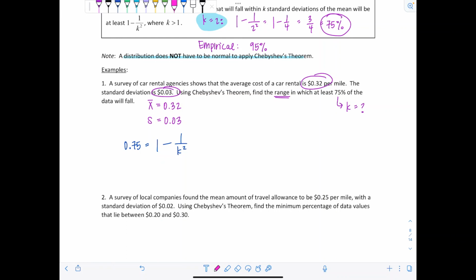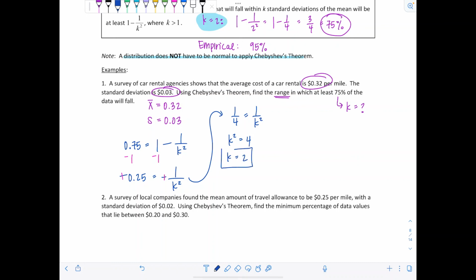So if I were to subtract 1, then I have negative 0.25 equals negative 1 over K squared. The negatives cancel out. 0.25 is 1/4, right? So 1/4 equals 1 over K squared. You can cross multiply or just take the reciprocal of both sides of the equation and we get K squared equals 4. And so K is going to equal, you don't need to put the plus or minus, it's just going to be 2 standard deviations.